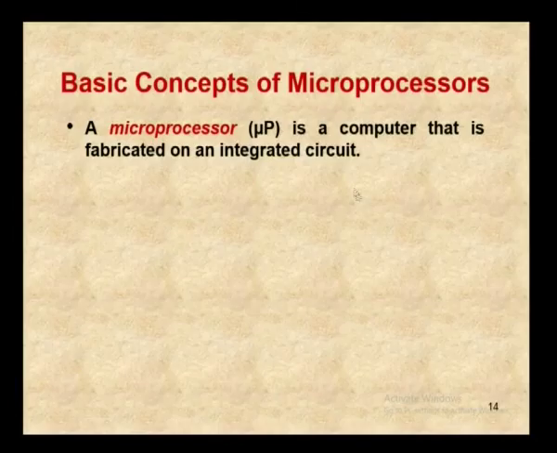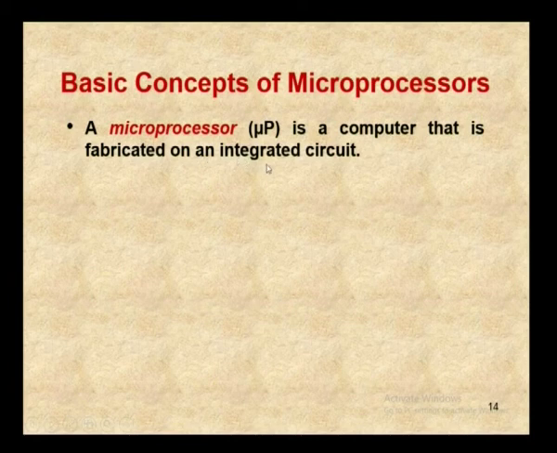So, let us now see the basic concepts of a microprocessor. What is a microprocessor? A microprocessor is basically a computer fabricated on an integrated circuit. We saw computers fabricated using mechanical components, then vacuum tubes, then transistors, and then different integrated circuits.